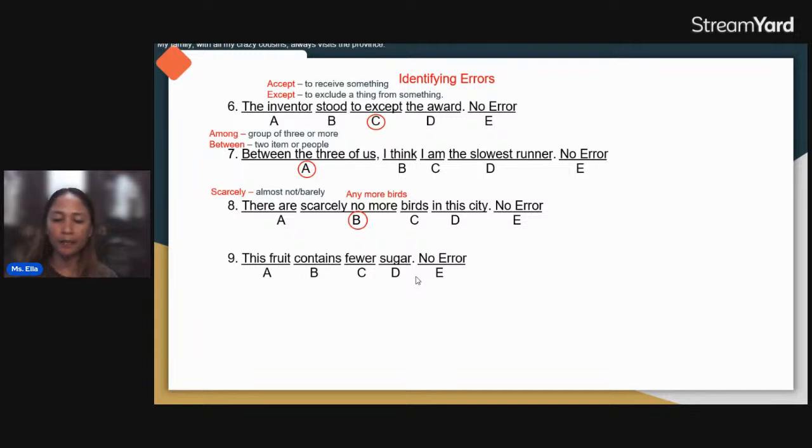Okay, for number nine, the correct answer is letter C. This fruit contains fewer sugar. Fewer here is our error.